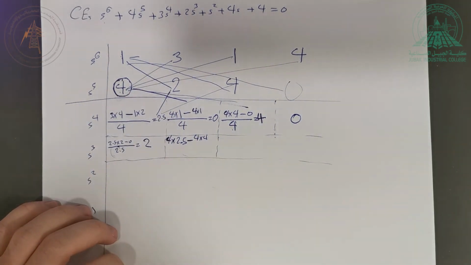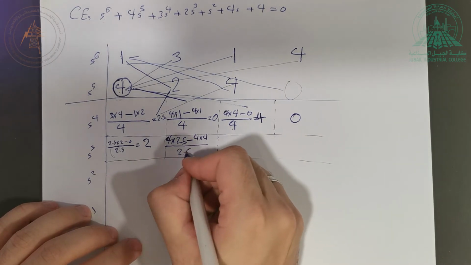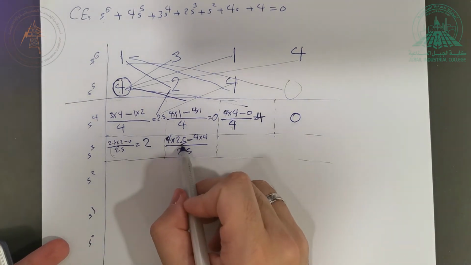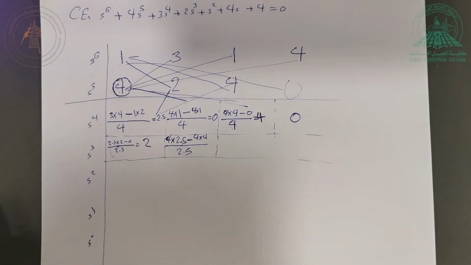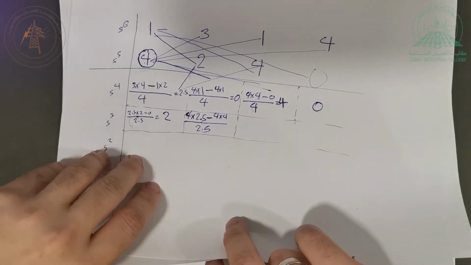I'm always going to be dividing by 2.5. If you use the calculator, 4 multiplied by 2.5 will give us 10, 10 minus 16 divided by 2.5, we get minus 2.4. Let me just make sure it's the correct value that you have here or not.